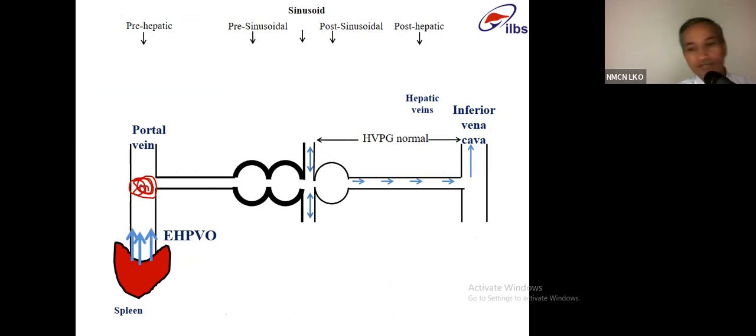From the portal vein to the hepatic veins via the sinusoids, the obstruction in the portal vein is EHPVO, whereas if the obstruction is at the pre-sinusoidal level, that is non-cirrhotic portal fibrosis, which is also called obliterative portal phlebitis.